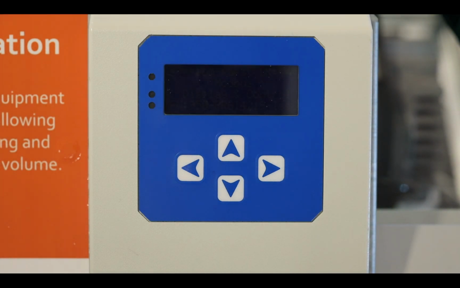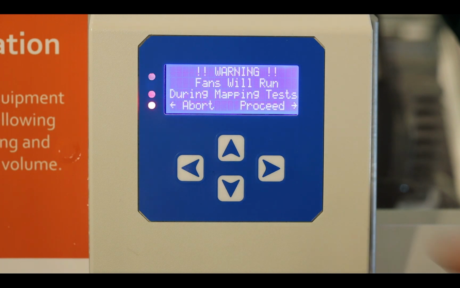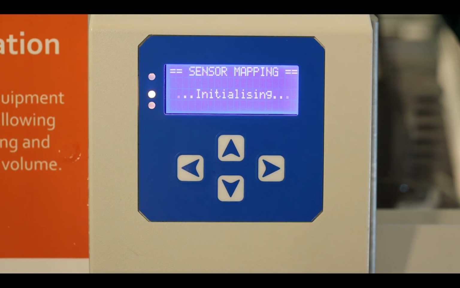After a reset, the controller will search for the transducers installed at the fan analog input. The MDC initially looks for all fans that have been connected to a sensor output.